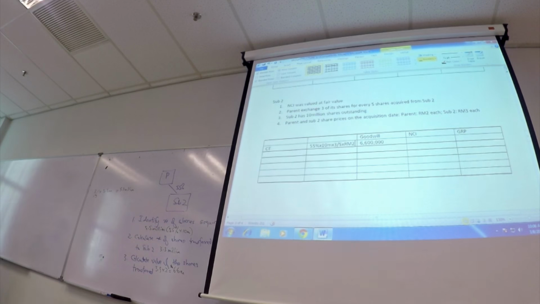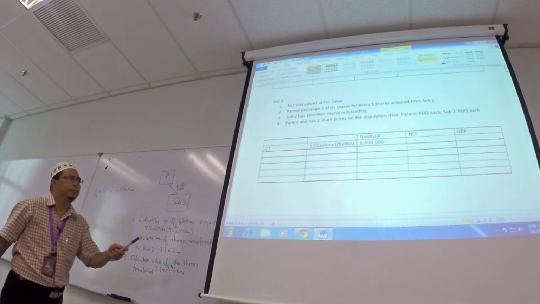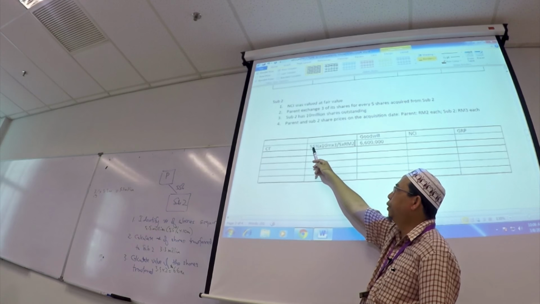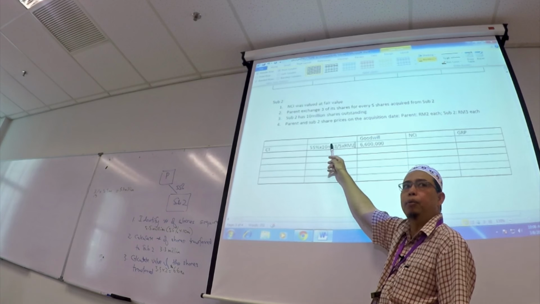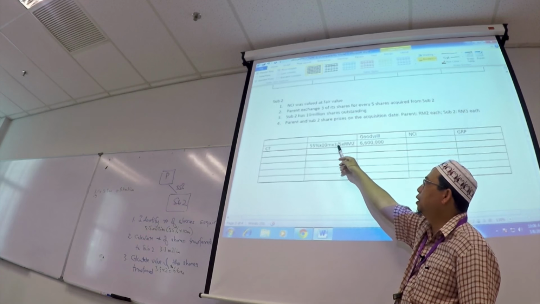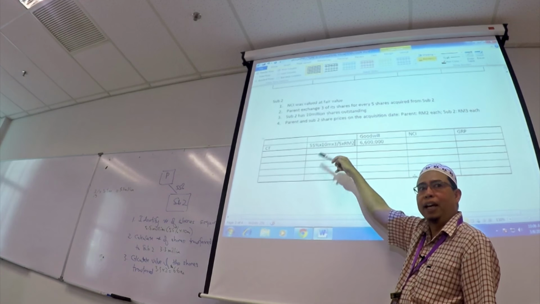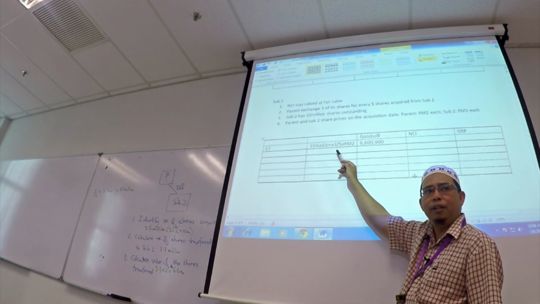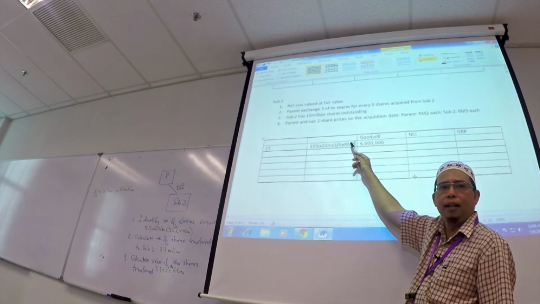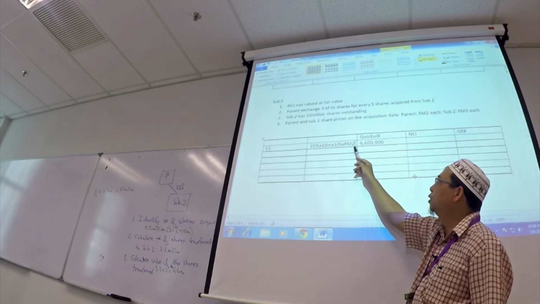Okay, so this is the mathematics. Step number 1, you calculate 55% times 10 million. So you get 5.5 million, times 3 over 5, the exchange ratio. So you get 3.3 million times the parent share value, so you get 6.6.